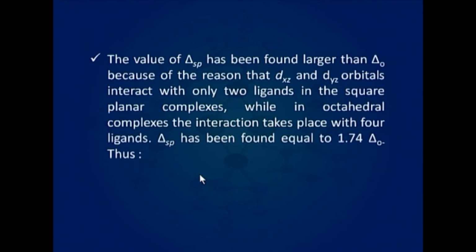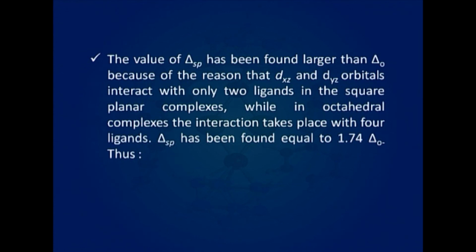The value of delta Sp has been found larger than delta O because the dxz and dyz orbitals interact with only 2 ligands in the square planar complexes, while in the octahedral complexes the interaction takes place with 4 ligands.